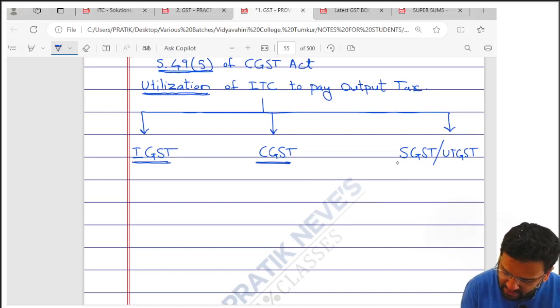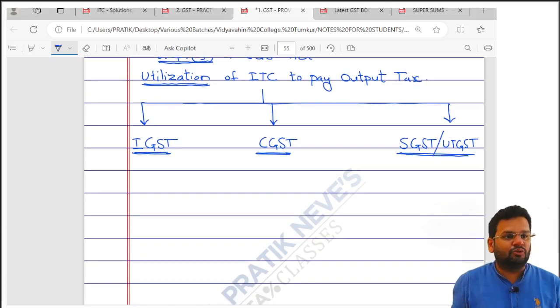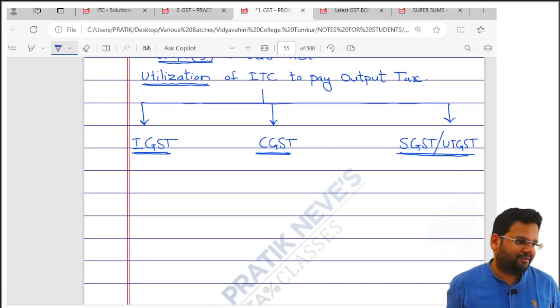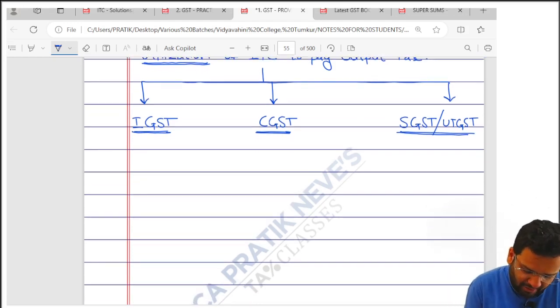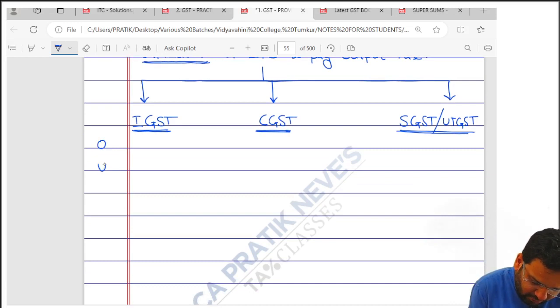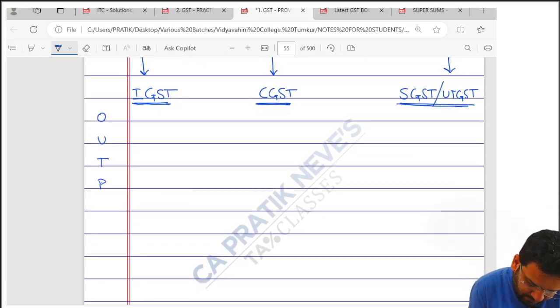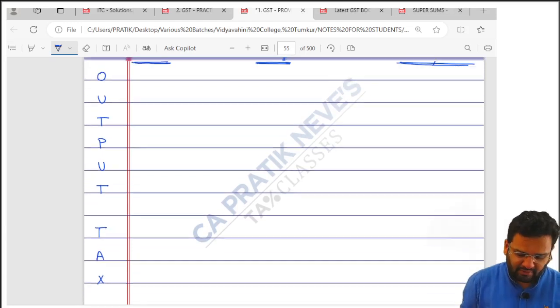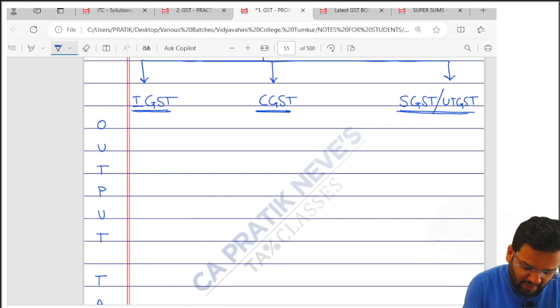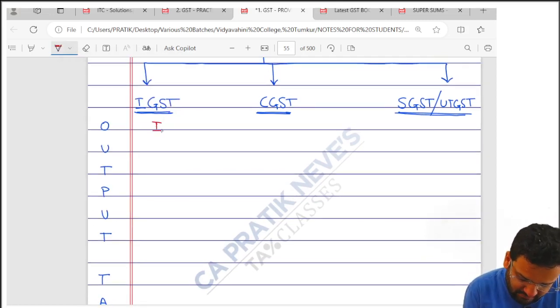First and foremost, use the ITC of IGST. Which ITC will we use first? IGST. And why is it used? Only and only to pay output tax. Okay. So first use ITC of IGST to pay output tax of IGST.